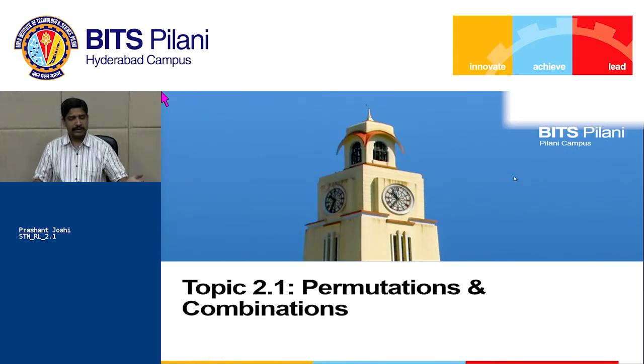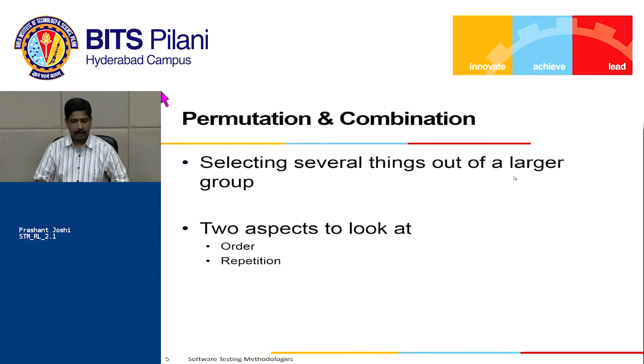First one for us is permutations and combinations. Our core piece is selecting several things out of a larger group. From a set of 9, I could pick, say, 3.